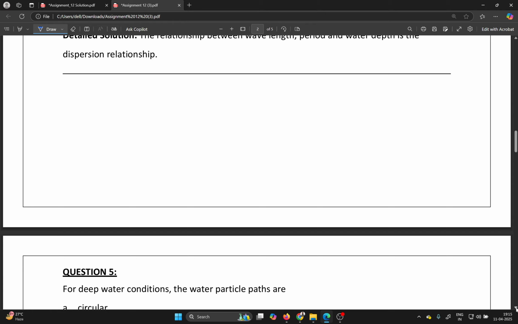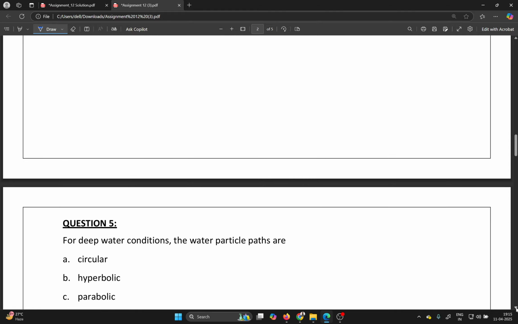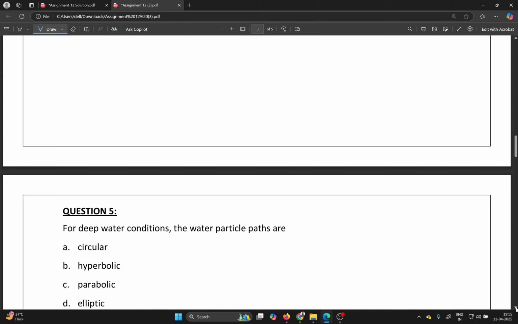Question number 5. In deep water conditions, the water particle paths are circular, hyperbolic, parabolic, or elliptic. You have the condition of deep water.